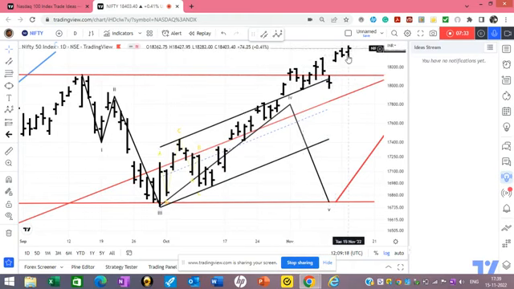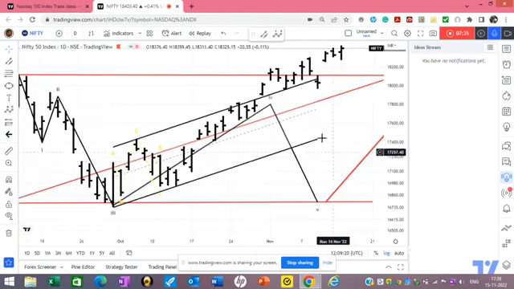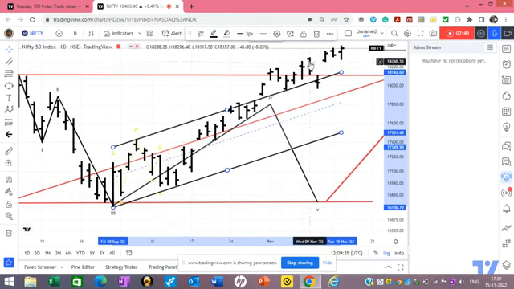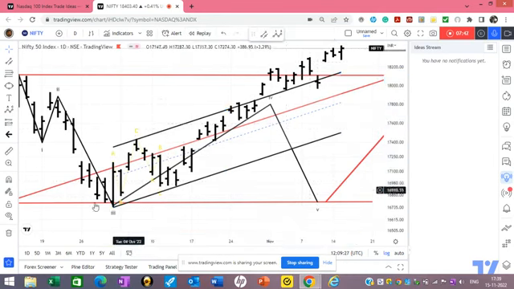So the last wave is going on in Nifty 50. So this is how it happened in Nifty 50. After a triangle, there was a move up, straight move up, A, B, C, and then move up.